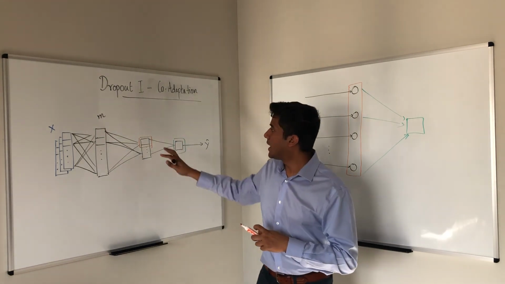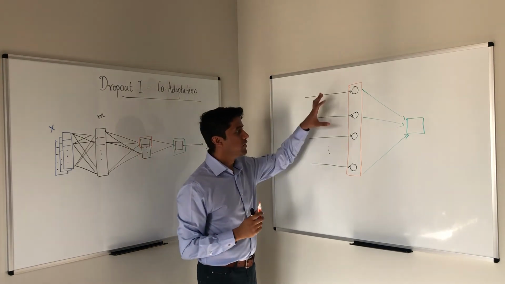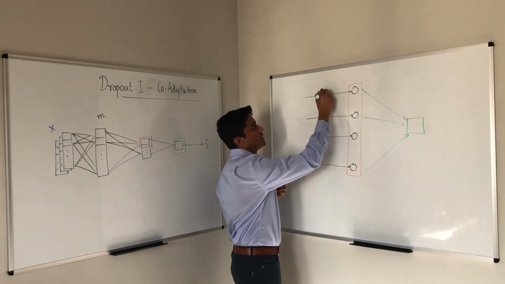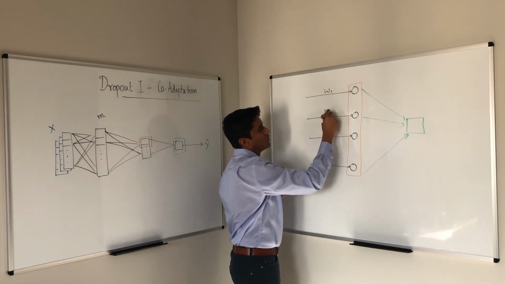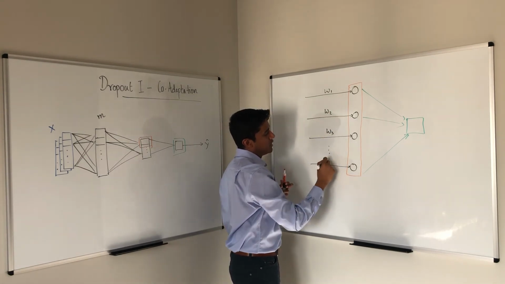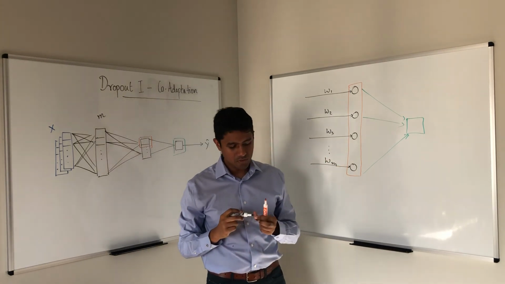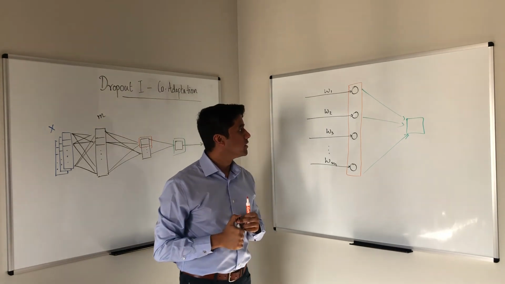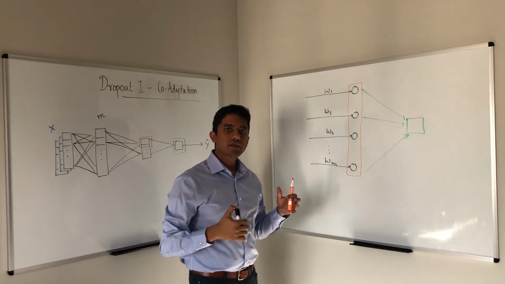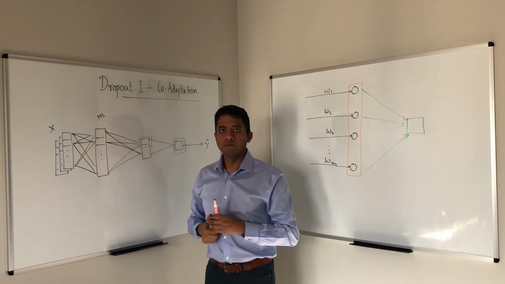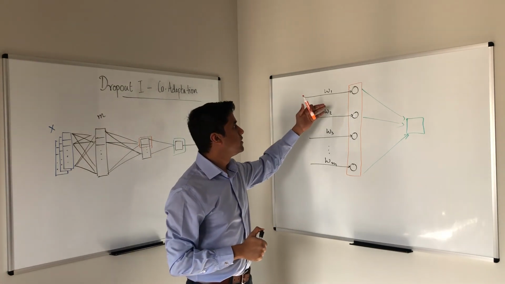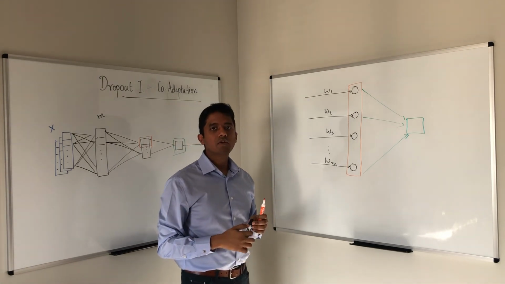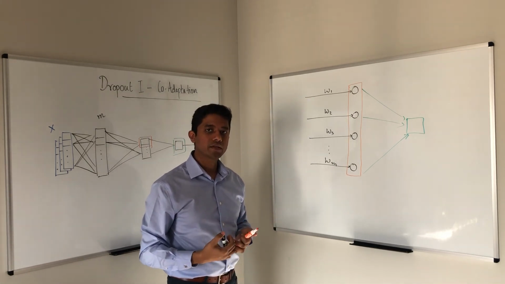Okay, so I expanded this orange selected node like this, and now I have all the weights that are incoming into this. Let me call them W1, W2, W3, and Wn. This is usually a big network, and with too many connections, some of these connections will become more important than the other.